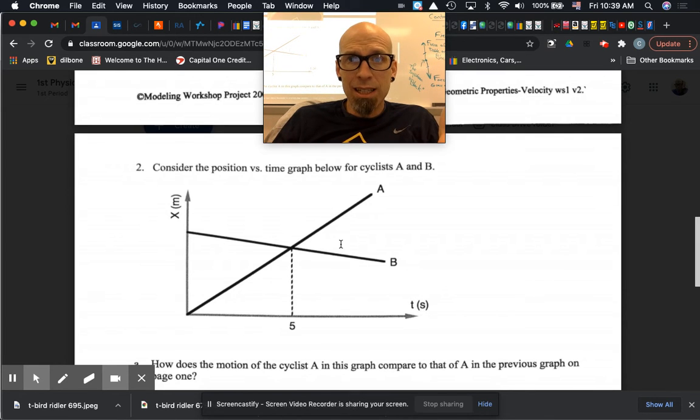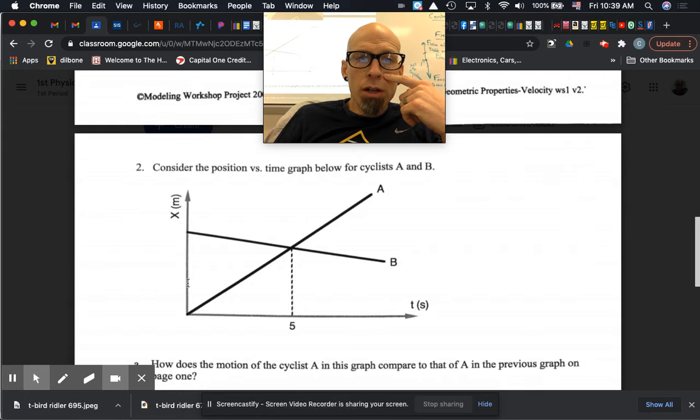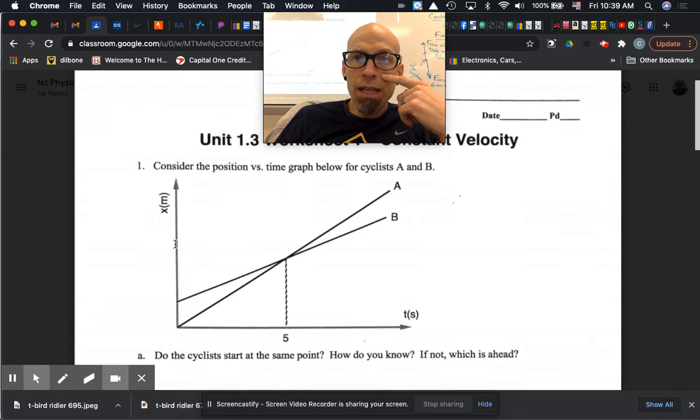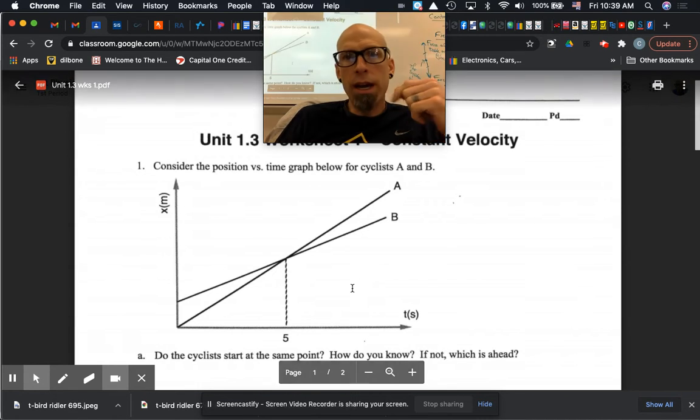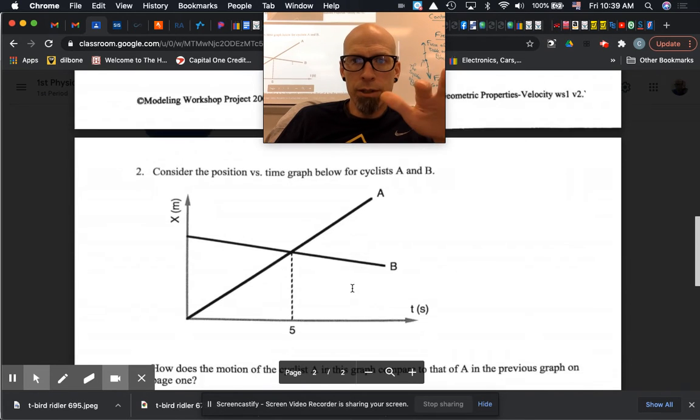Negative velocity. So it's going the other way. If you look at the y-intercept, B started about right here last time. Now it's even further up. So it started further ahead than it even was last time, but it's going the other way.